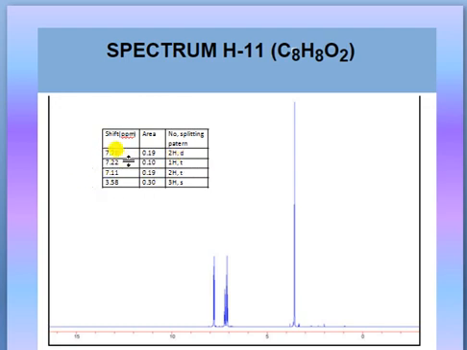You can see the chemical shift, the delta value, is 7.78, that is definitely aromatic, and 7.22, that is also aromatic, and 7.11, that is aromatic. So you can see there are 3 types of aromatic proton, and if you calculate the DBE, double bond equivalent, for this formula you will get 4.